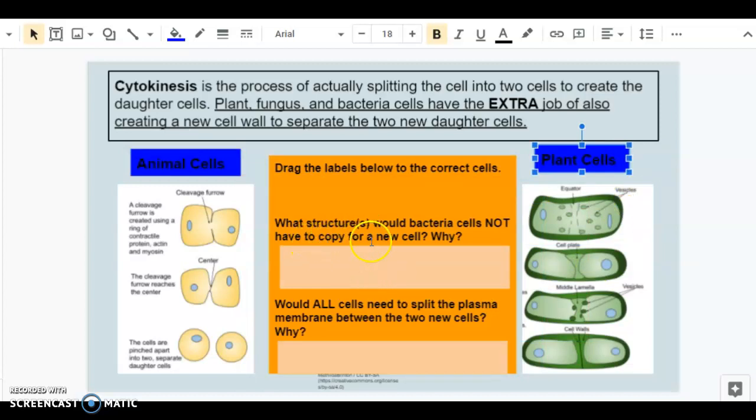What structures would bacteria cells not have to copy for a new cell? Remember, bacteria cells do not have membrane-bound organelles. So they don't have to copy them.